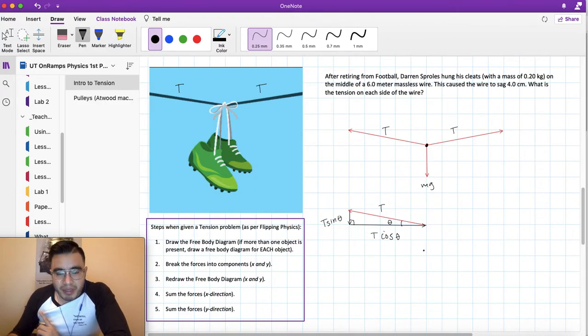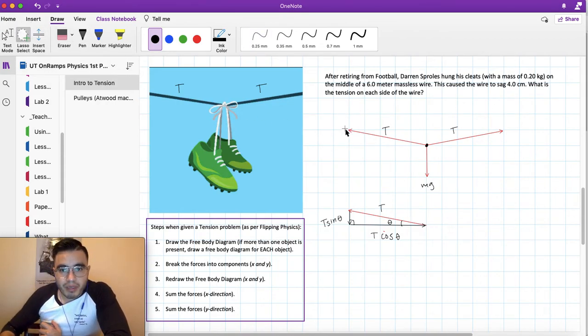The problem is that we don't have theta. But if we read the problem, we have information which can and will help us to find the angle theta. Because it says that when Darren Sproles hung his cleats on the wire, this caused the wire to sag 4.0 centimeters.